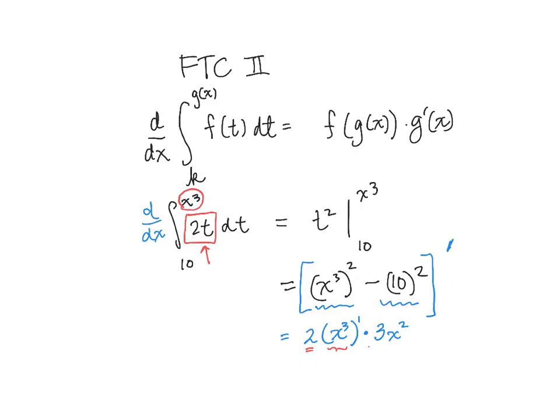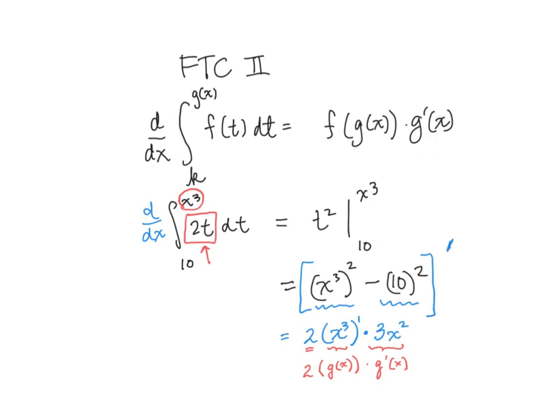The only difference is this is our g prime. So if you think about it, this is twice g prime, or f of g of x times g prime of x, right?